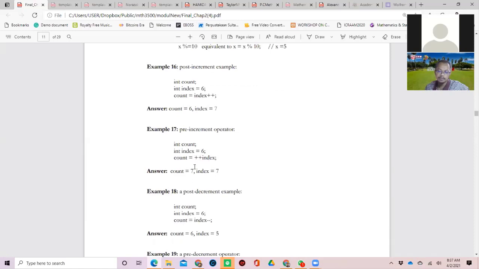Count becomes 7, index becomes 7. So if we combine these two cases, what we can conclude is for post plus plus, index is 7, and for pre increment, index is still 7. Either post or pre, the index value will increase by 1.